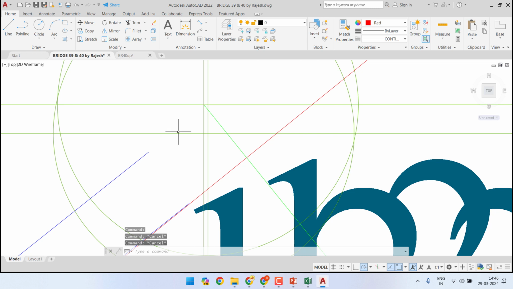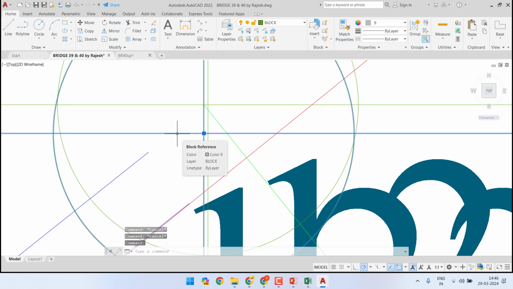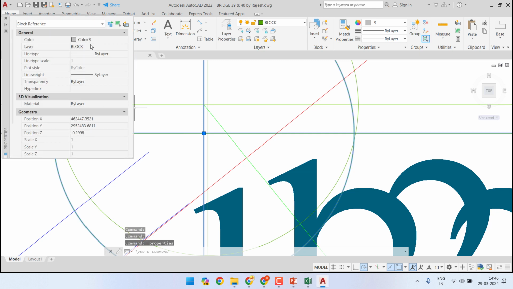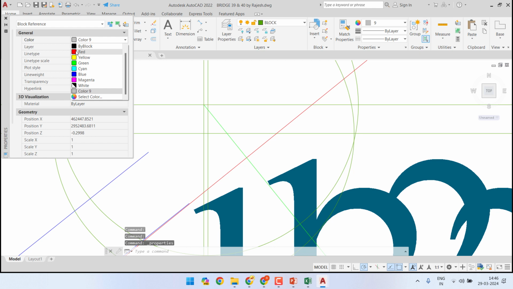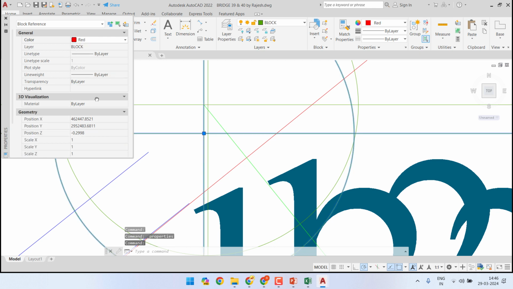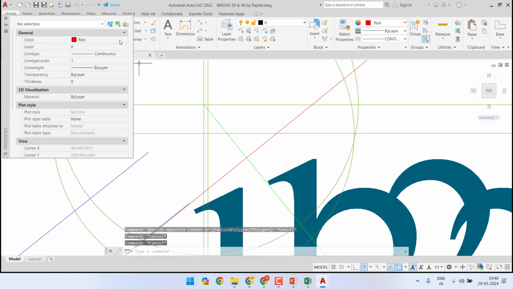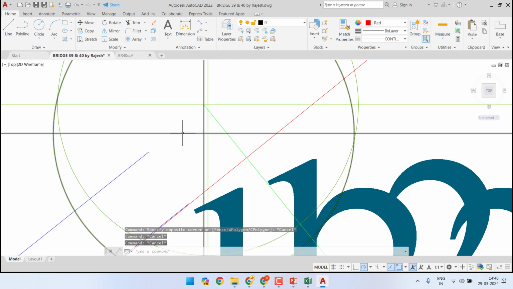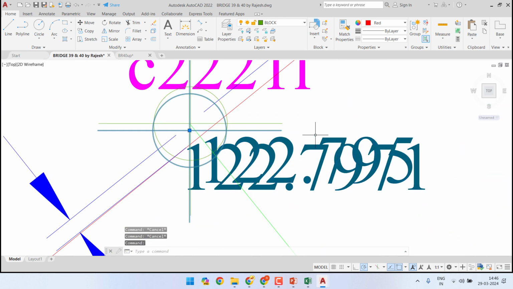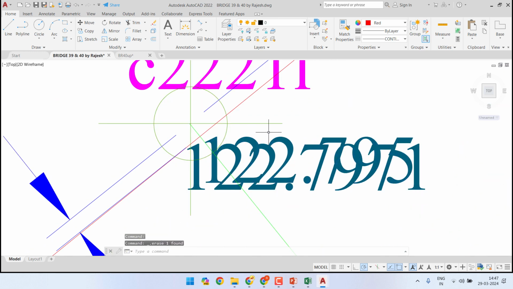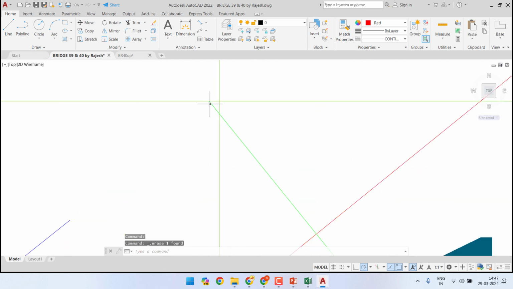We need to change the color of this. Control 1 color. It's not accepting actually. Or we can delete it. Let's delete it. Alright.